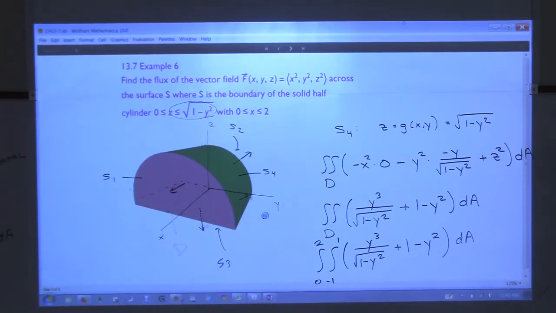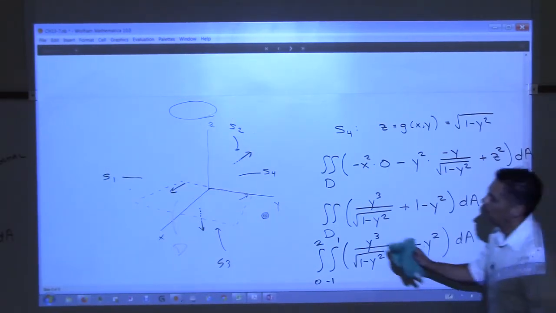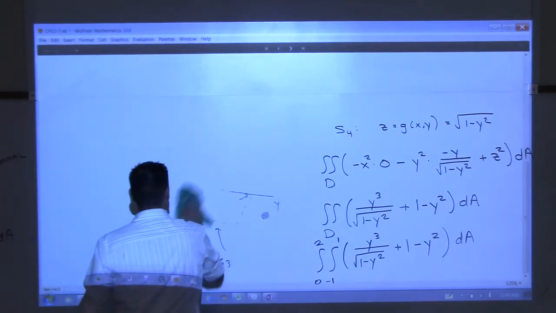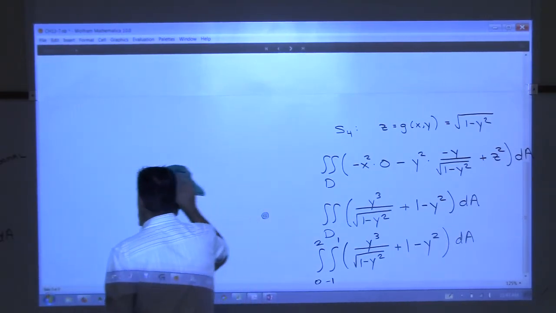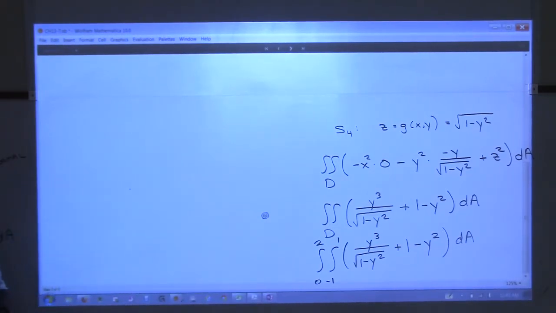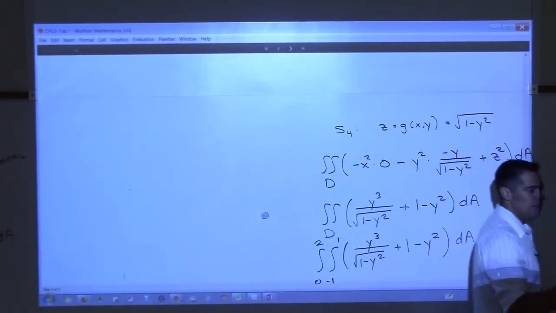All right, we have to integrate that. Let's do it. I figured you'd want to have the pleasure of integrating that. The question was, would this have been better had we defined that green surface with R of UV instead?